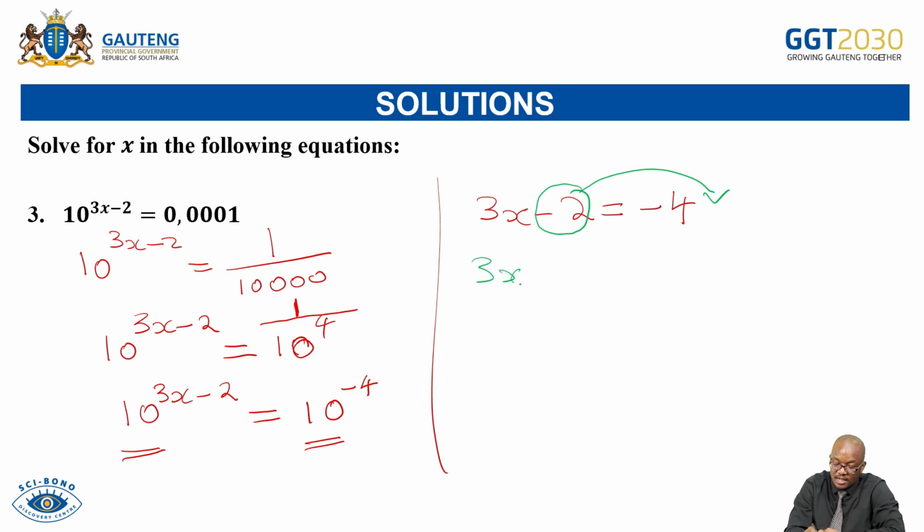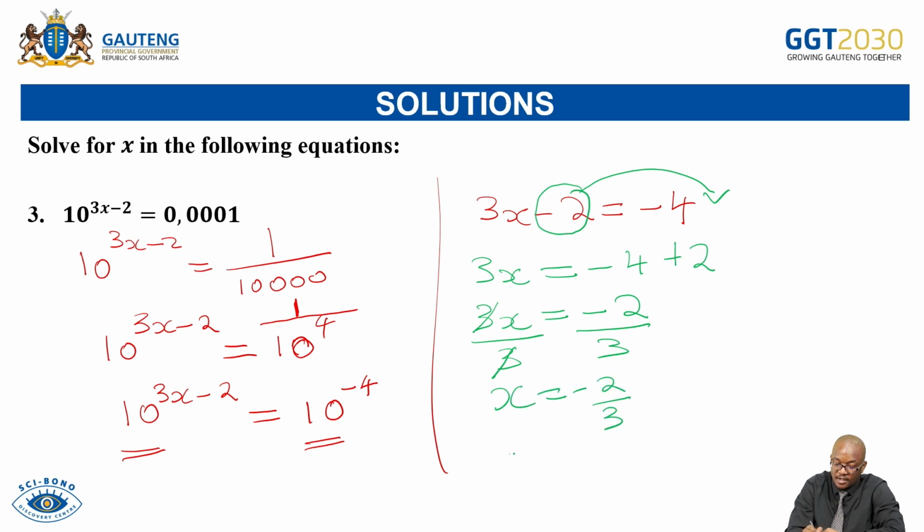We're going to have 3x is equal to negative 4 plus 2. Then 3x is equal to negative 2. Then you divide both sides by 3. Then x is equal to negative 2 over 3. Then that's how we get that particular question.